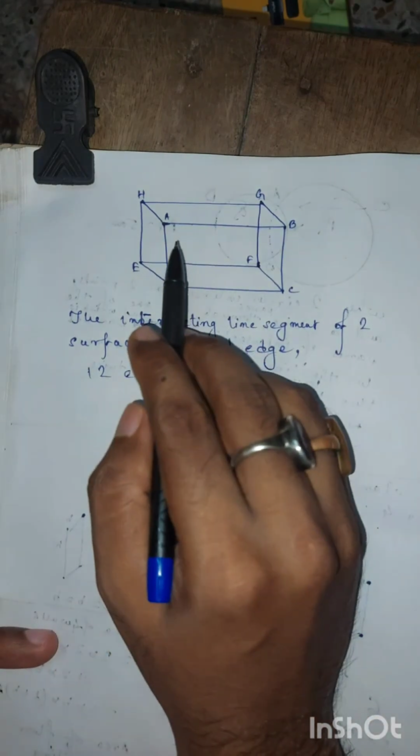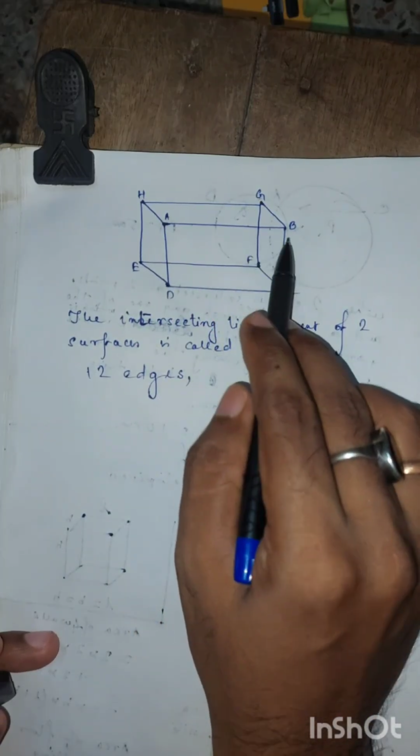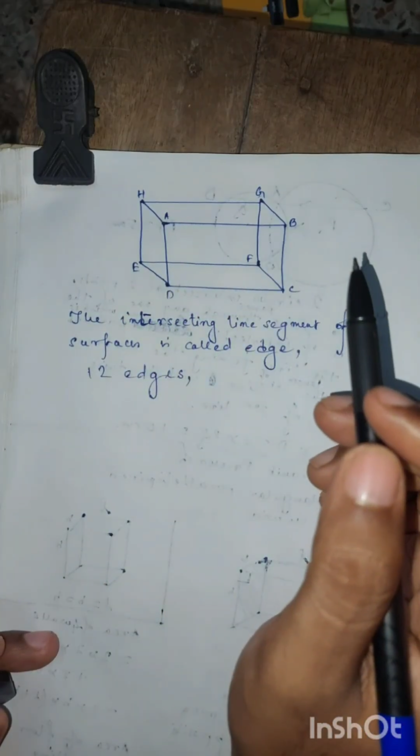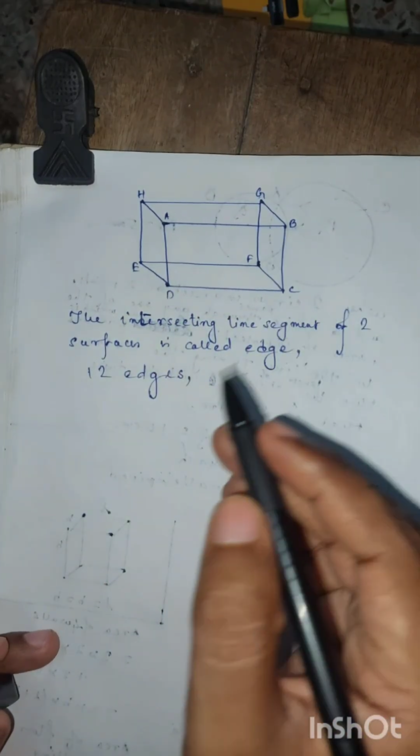The meeting point of two edges is called a vertex.